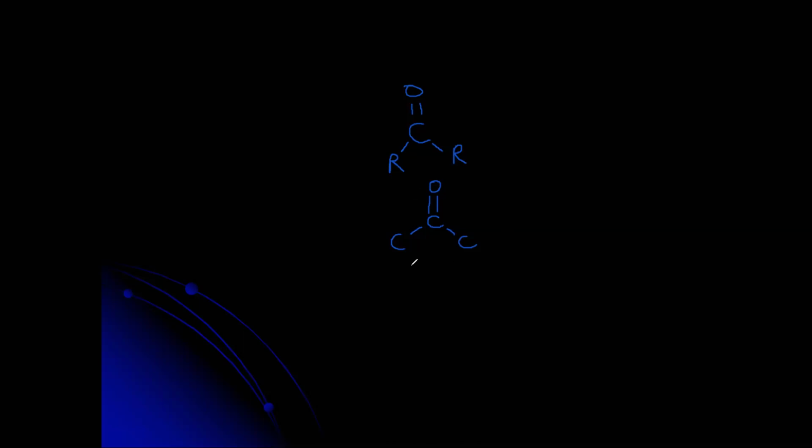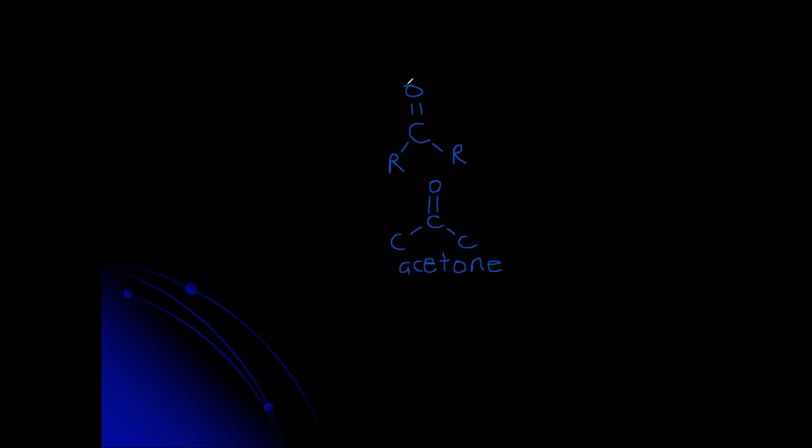This is acetone. You might be more familiar with acetone than formaldehyde as far as having actually used it, because if you've used fingernail polish remover ever, you've used acetone. So that's an example. But again, this is what you're looking for.